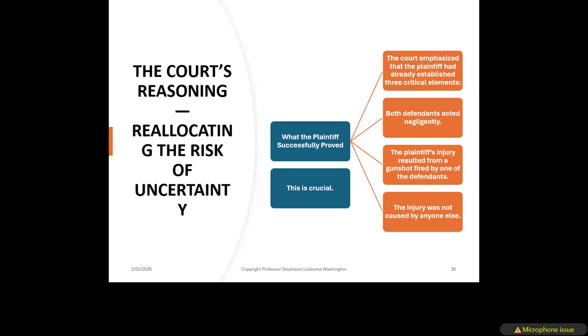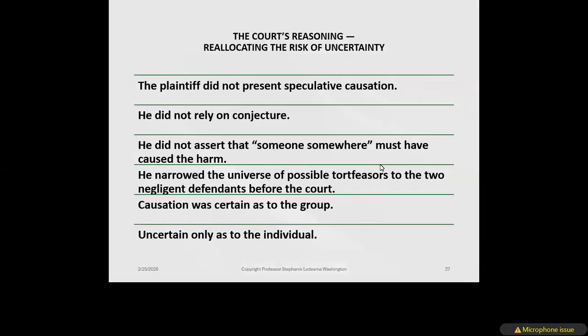One, both defendants acted negligently. They admit. Two, the plaintiff's injury resulted from a gunshot fired by one of those two defendants. And number three, the injury was not caused by anyone else. That's crucial. The injury was not caused by anyone else. The plaintiff did not present speculative causation. The plaintiff did not rely on conjecture.